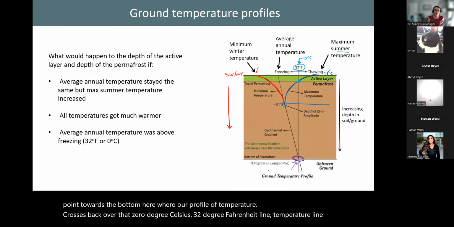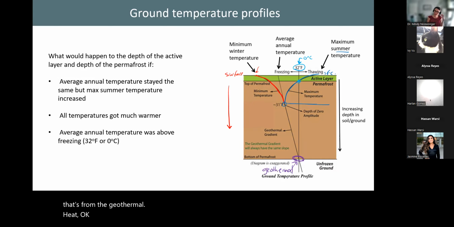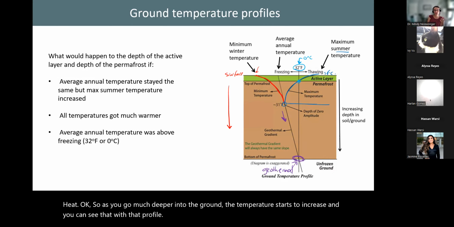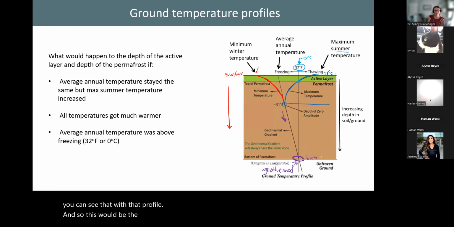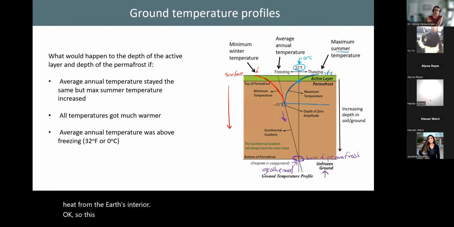And that's from the geothermal heat. Okay, so as you go much deeper into the ground, the temperatures start to increase, and you can see that with that profile. And so this would be the base of the permafrost. Anything below, anything deeper, will be unfrozen or not frozen because it's getting too much heat from the Earth's interior. Okay, so this is a profile of a permafrost situation.